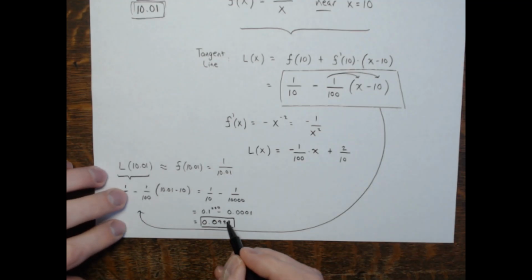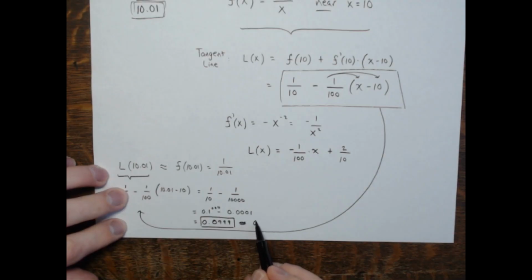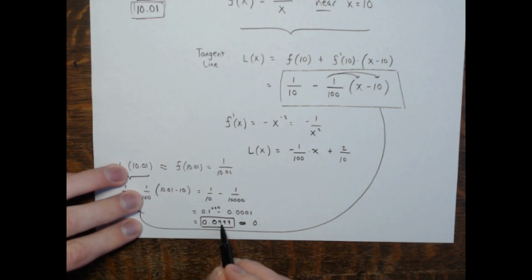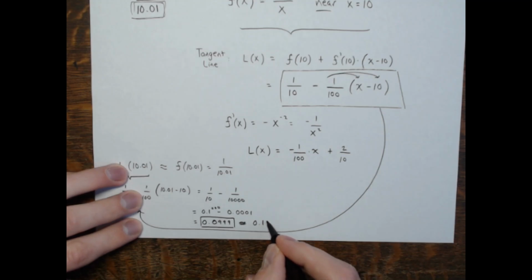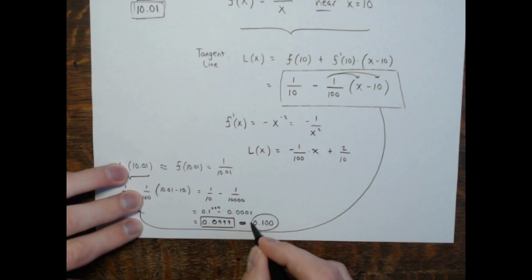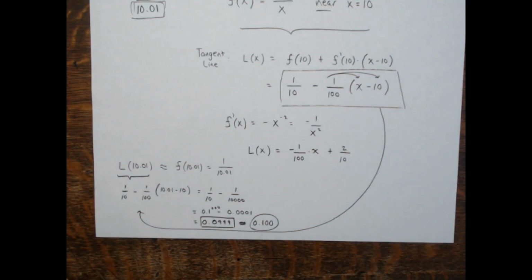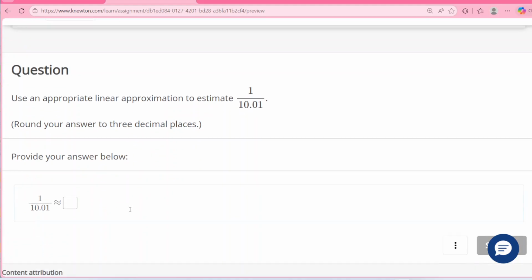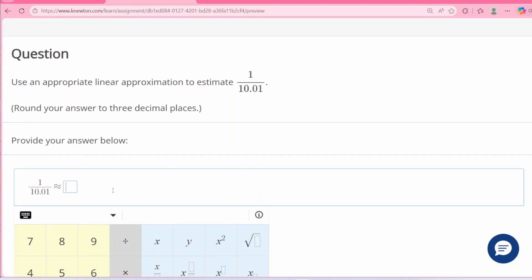Now they want us to round to 3 decimal places though, so approximately 0.099, but then the next one's 9, so I'd bump all this up. So instead of 99 thousandths, I'd bump it up to 100 thousandths, just 0.1, when I round that to 3 decimal places. So this is very close to 0.1.